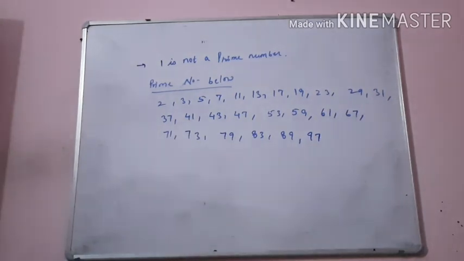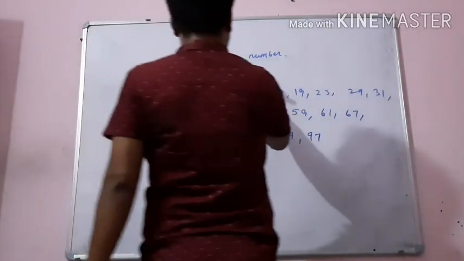See, these are the prime numbers below 100.